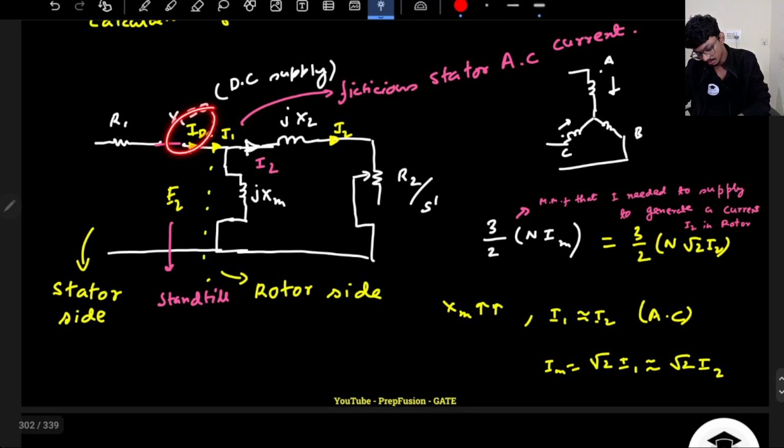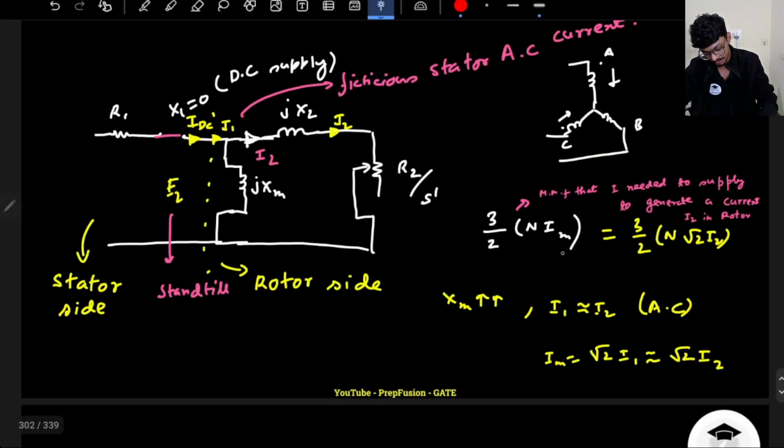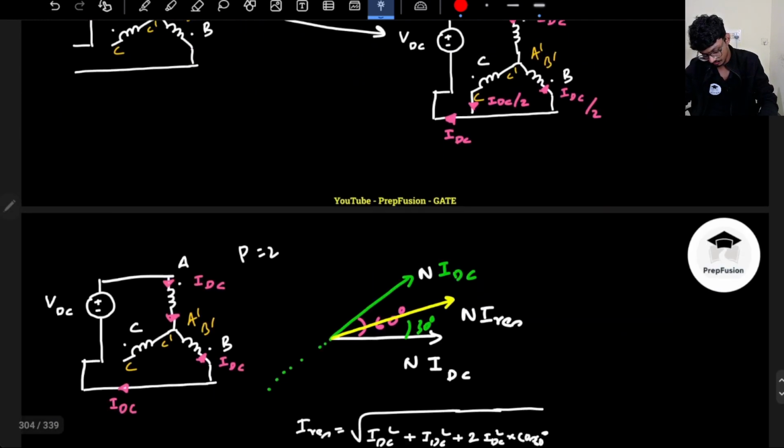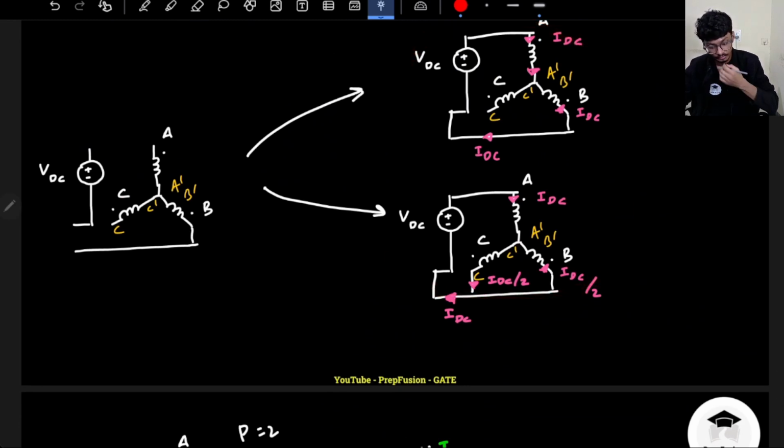But actually the stator side is supplying DC, right? So I will equate these two, because ultimately the stator has to provide the same MMF that the rotor is demanding, right? That's why I equate this equation here. For the two cases, there can be many circuits, not only one. We will take an example and see there can be many circuits, in tomorrow's lecture.